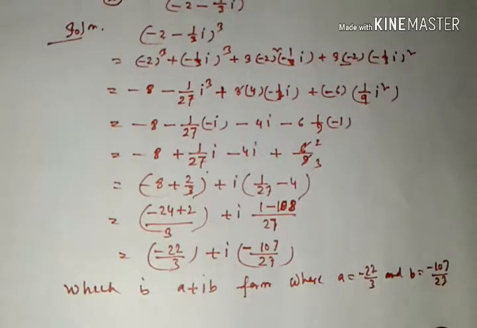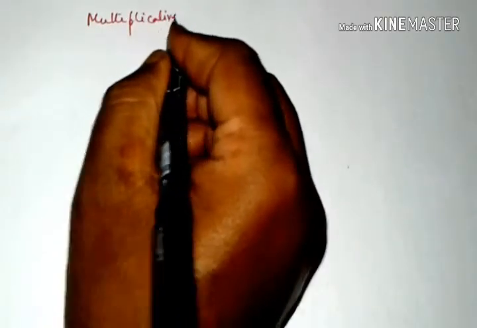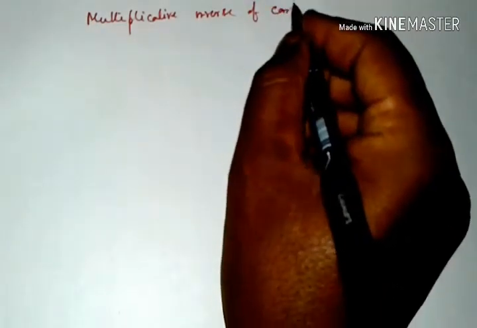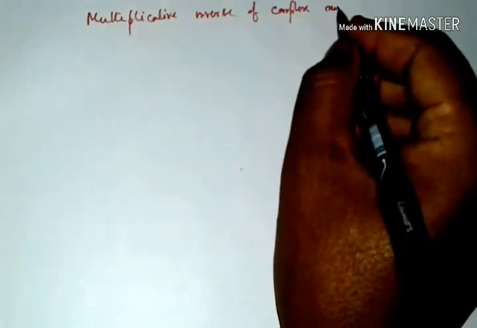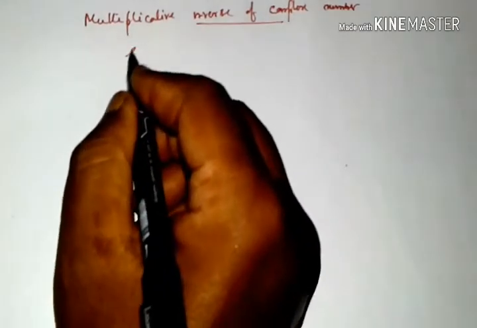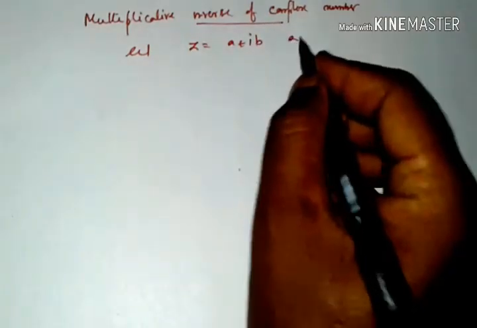Next, we'll discuss the multiplicative inverse of a complex number. Let z is equal to a plus ib, a complex number.